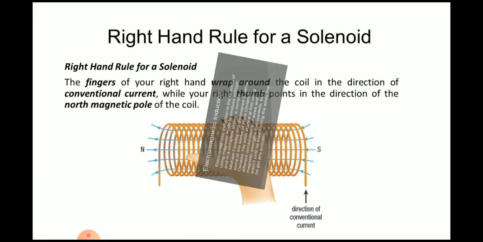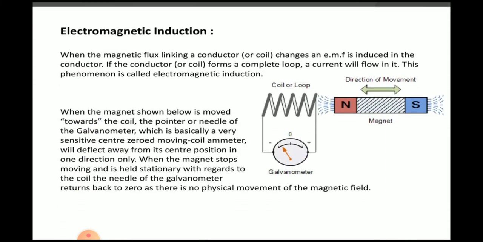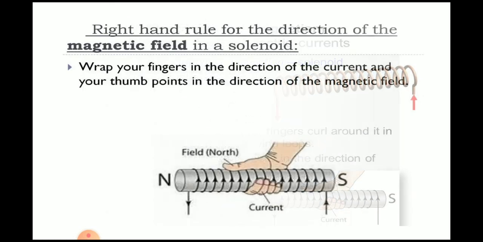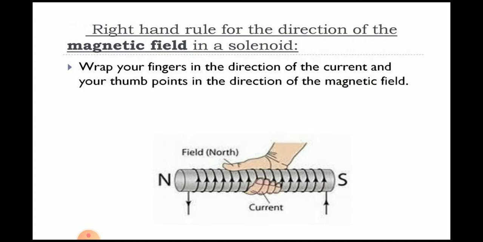What is a solenoid? A solenoid is a coil wound round an iron core. Wrap your fingers in the direction of the current and your thumb points in the direction of the north pole.